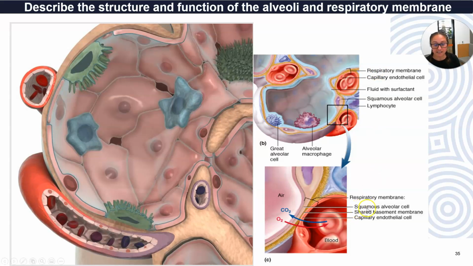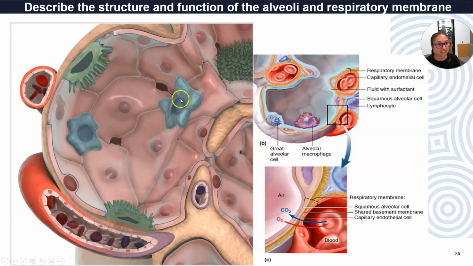Because that is the alveolar cell, the cell that makes the alveolus, which is a squamous epithelial cell. We have a little basement membrane, and then we have the cell that makes up the capillary. So that is a very, very crucial membrane, because that's where gas exchange is going to happen.